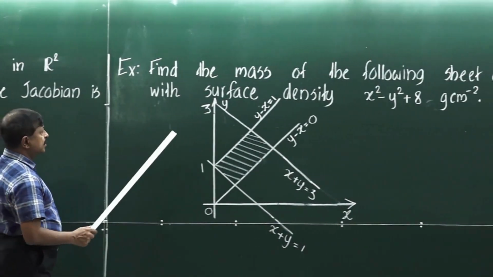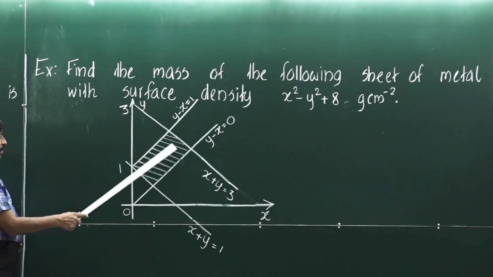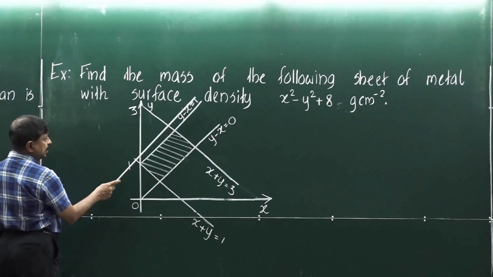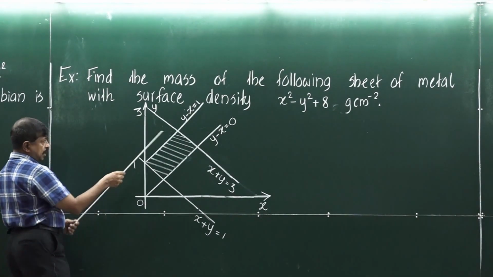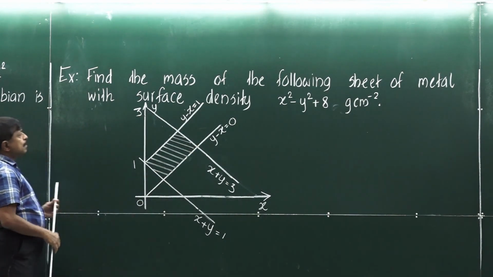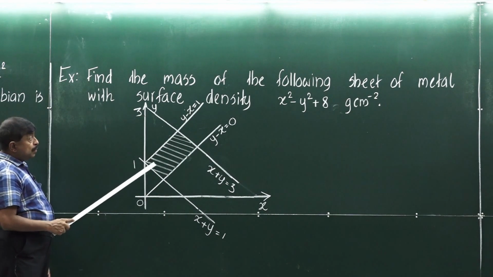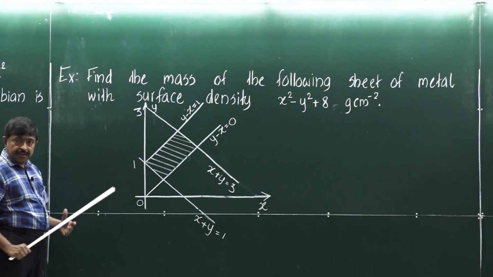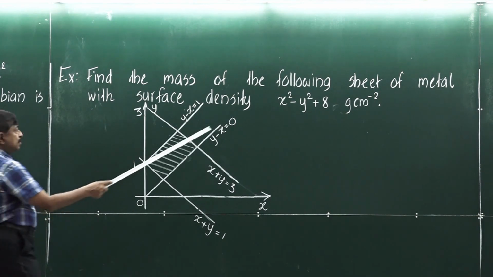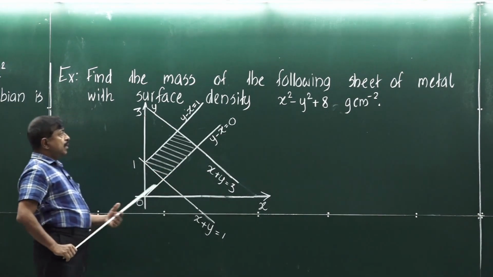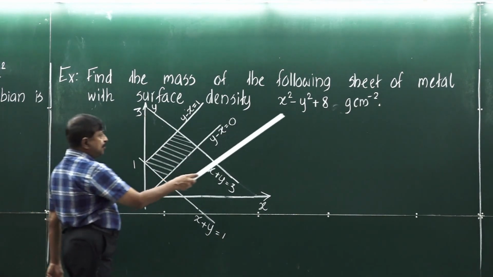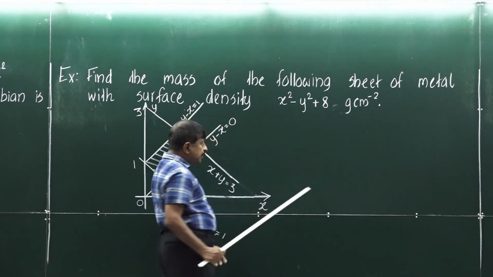Now, in this case, say there is a metal sheet whose boundary is defined by these 4 lines. However, the surface density of this sheet varies from point to point, and it is given by this one, in grams per square centimeter.